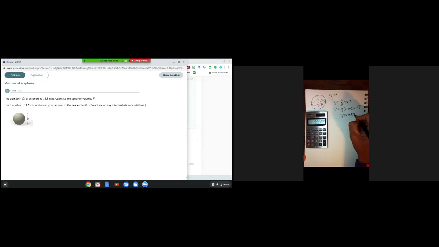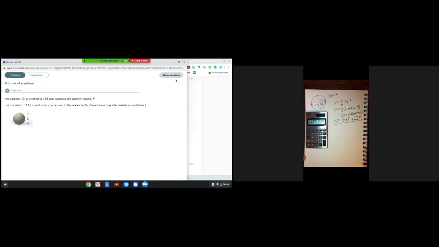So we got to keep all these decimal points. 328.509. And now we can multiply that by 3.14 times 4 divided by 3. The volume is 1,375. Round to the nearest tenth, which means we look over to this 5, which is in the hundredths spot, and we say, you got to go up. And our units are millimeters cubed.